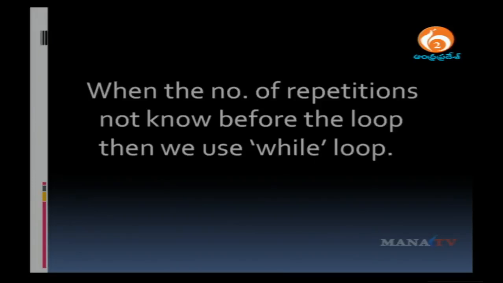When we know the number of repetitions before, use the for loop. When we don't know, use the while loop. But every for loop can be replaced with a while loop and vice versa. I repeat, every while loop can be replaced with a for loop and vice versa also.